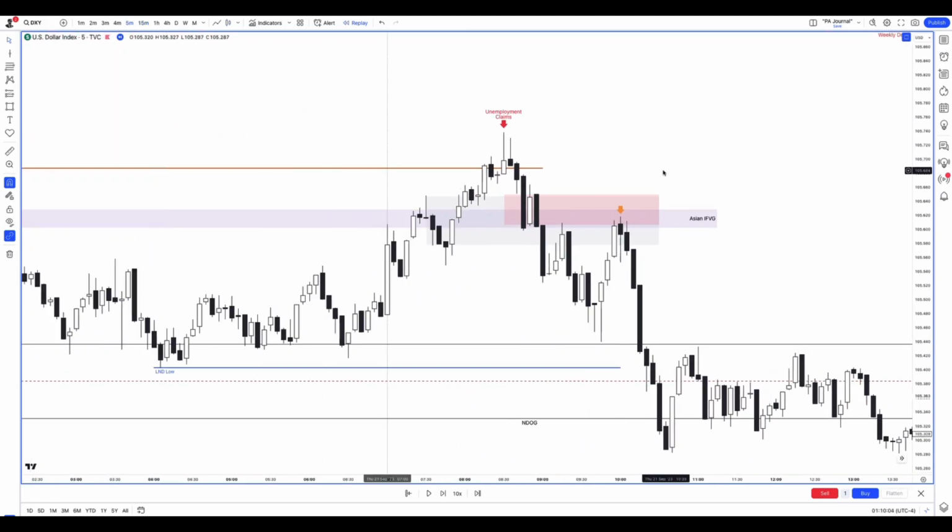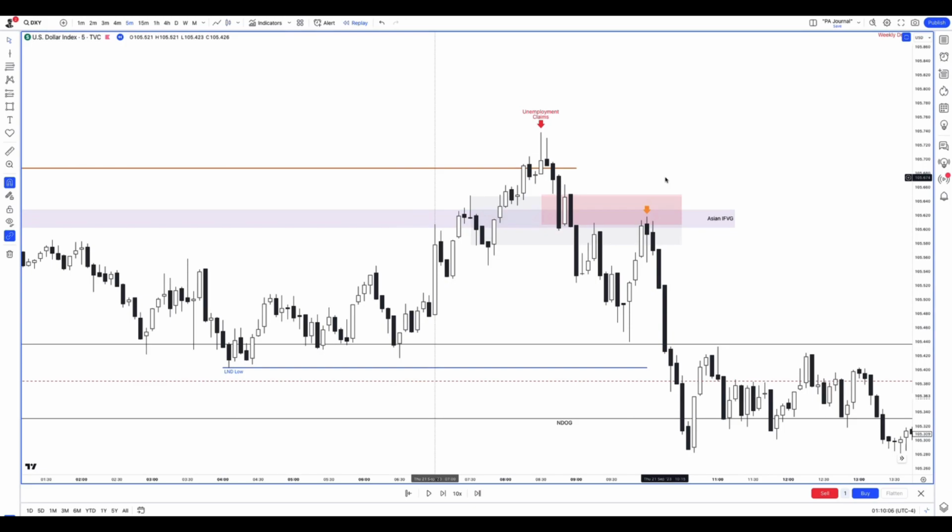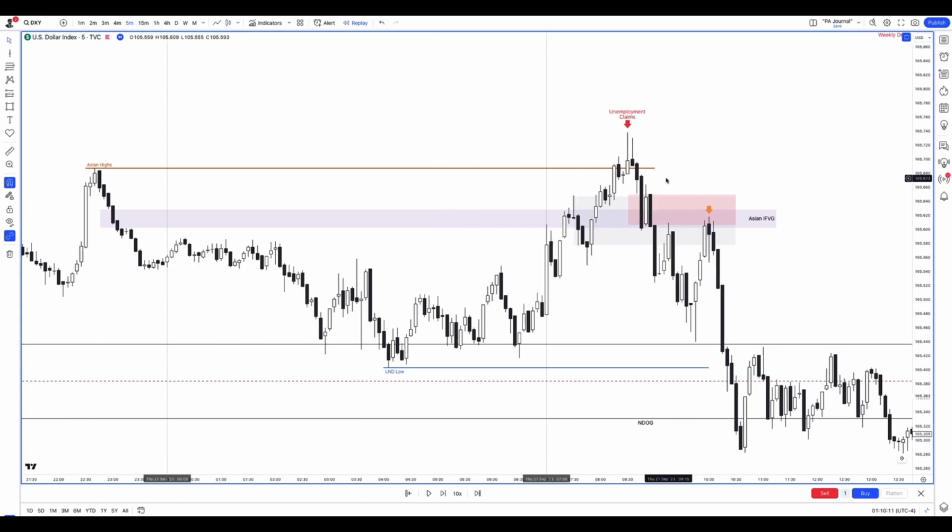So once again, I said, all right, if that is the trade, then how could I participate in this? Well, I have 2 entry periods for the New York session, right? I have a trade that's earlier in the New York session, which is around 7, and I also have late possible entries.